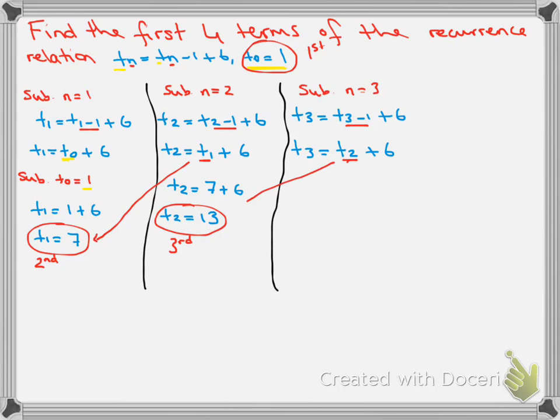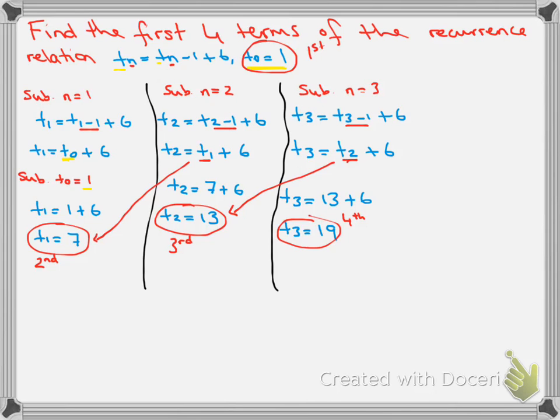I did that in the previous example right there. I know what t2 is equal to, so I can substitute that in. So t3 is equal to 13 plus 6, and if we work that out, t3 is equal to 19. And that's my fourth number in the sequence.